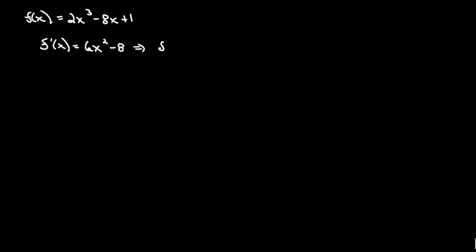Now the question is when is the derivative equal to 0? Well, that's when 6x squared is equal to 8, which means x squared has to be equal to 8 over 6, which is 4 over 3. And of course, that implies that x is equal to plus or minus 2 over the square root of 3.